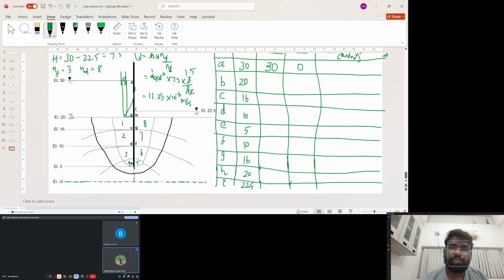Hence the pressure head will be 10 and the total head will be 30. This states that there is no flow occurring from here to here within the column. Alright. Now imagine the total head here is 30 and similarly here the total head will be 22.5.